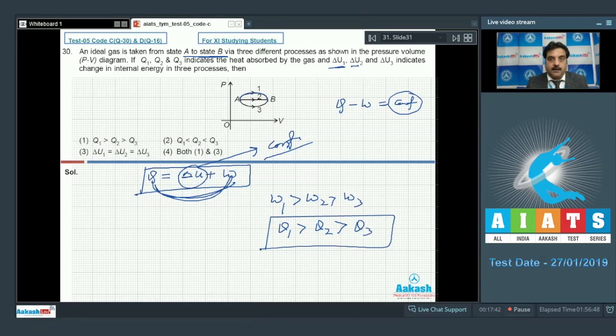So this is my final observation, my final finding. So I can say option number 3 will be the right choice and option number 1 will be the right choice. Finally, we go to option number 4, both 1 and 3. So final option number 4 will be the right choice. So let's move on to question number 31.